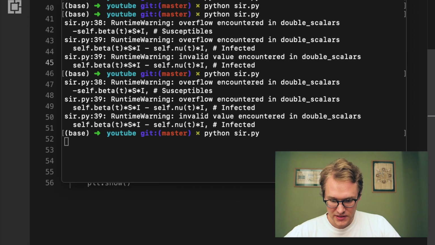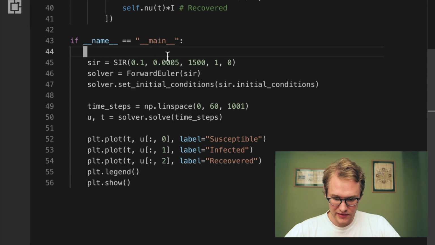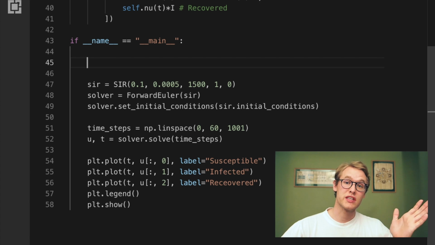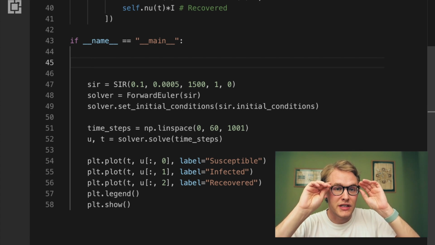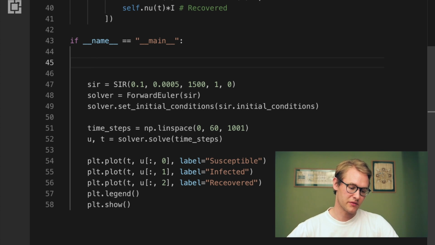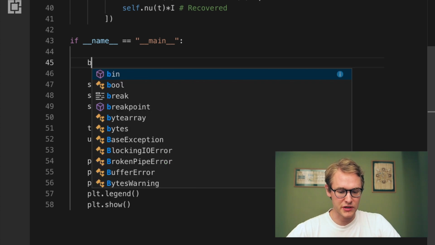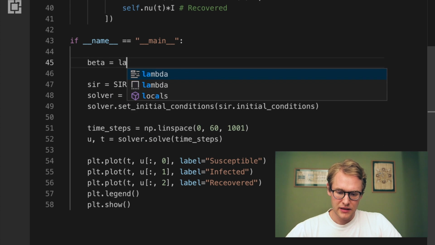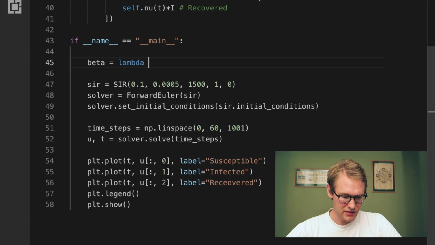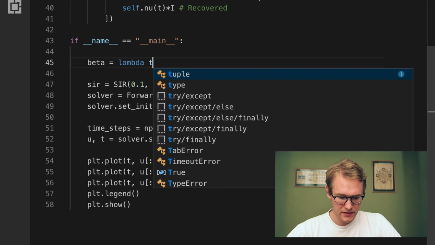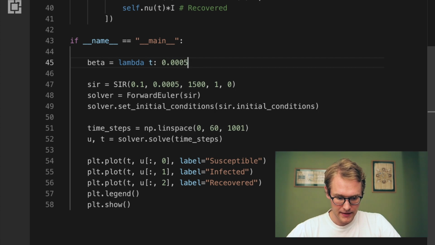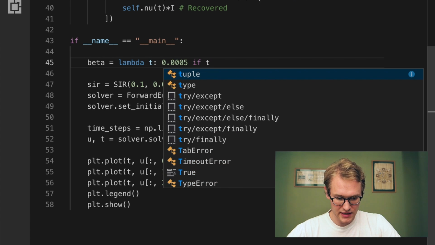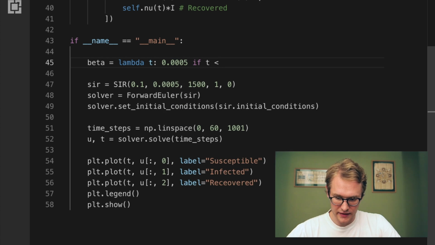Still fine. But say we want to model that during the course of this flu season people are notified by the government or authorities or someone that they should wash their hands. So the rate of infection goes down. So first we start at the same value that we had, and that's if we're in the first 10 days, say, right?